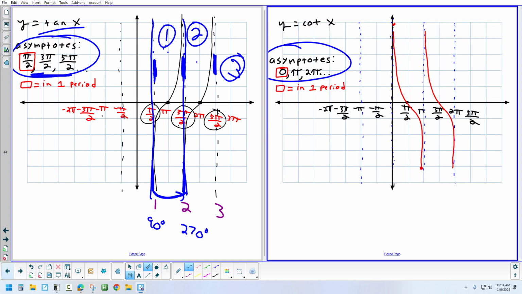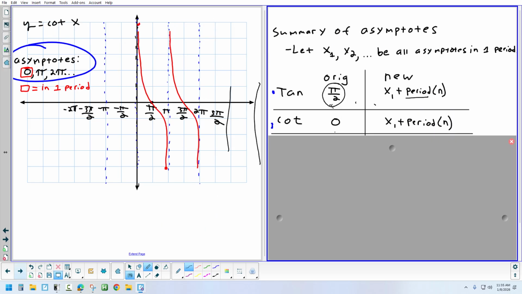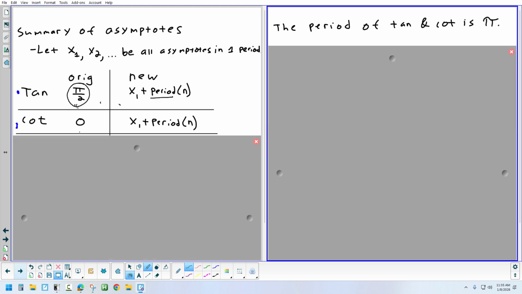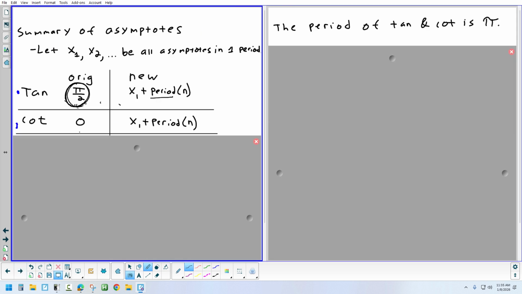So that's 0, pi, 2 pi, 3 pi, 4 pi, 5 pi, 6 pi. If you just keep adding the period, you'll just keep getting more and more asymptotes. This is the only one that you have to really remember, though. If you can remember where the asymptote starts, then you can find any one that you want earlier or later in the cycle.